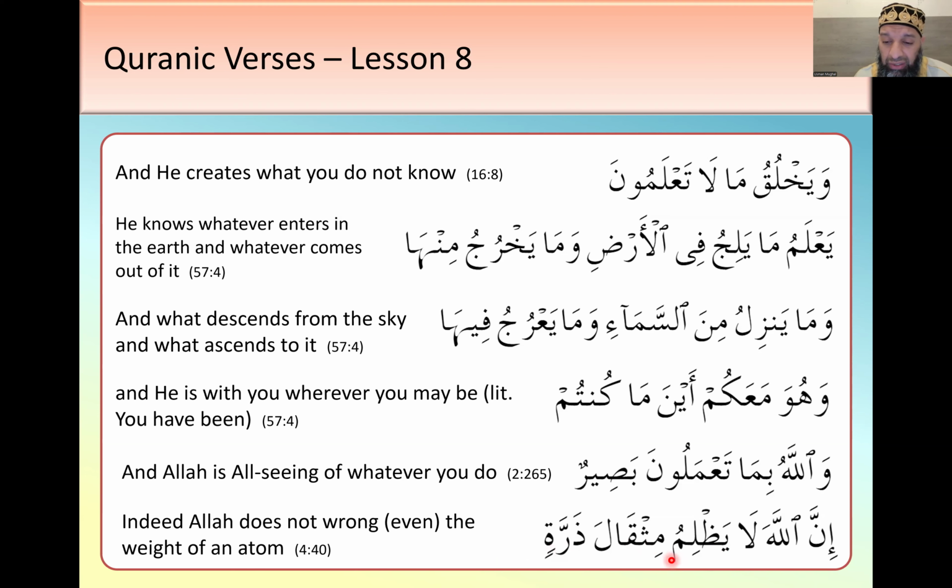Again, the verb that we looked at, the present tense, is ظلم becomes يظلم. For the verb ظلم, the vowel on the third letter is a kasra.